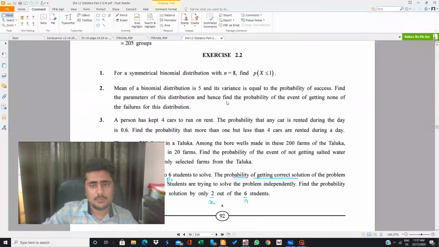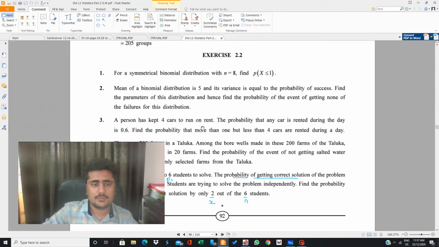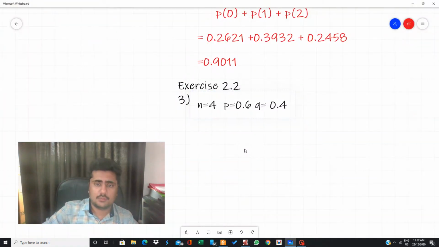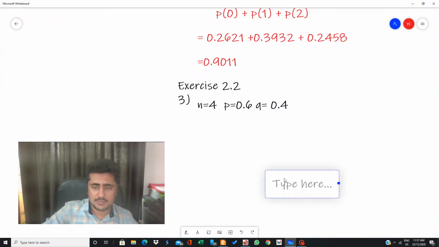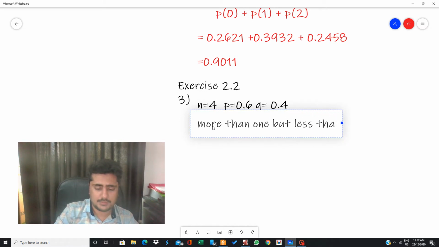Now, if probability of success is 0.6, then what is probability of failure? 0.4. Find the probability that more than one but less than 4 cars are rented. Now, what you have to find? More than one but less than 4.